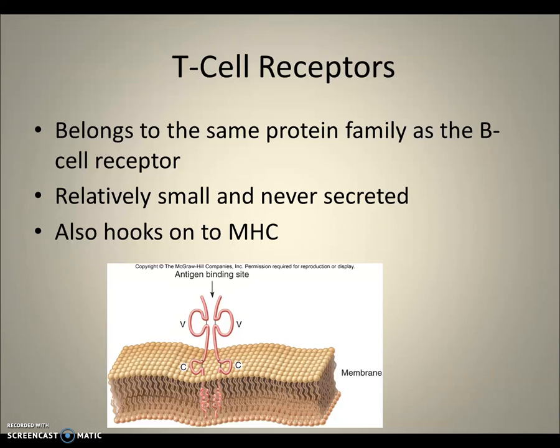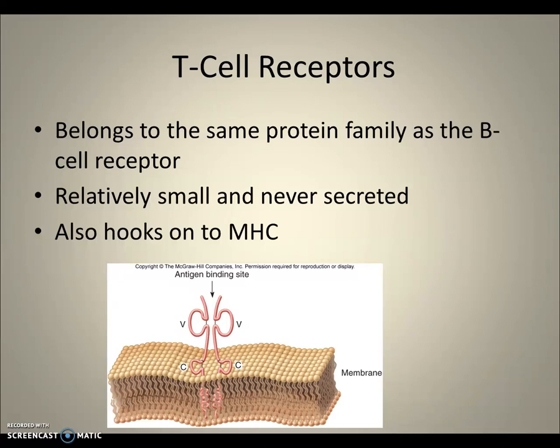The T cell receptor, again, is a little bit different. It belongs to the same family, the same kind of protein as the B cell receptor, but it's a little bit smaller. It never gets secreted because, remember, the T cells actually migrate out of the lymph nodes and go to fight the infection themselves, where the B cells send the antibodies to do the job for them.